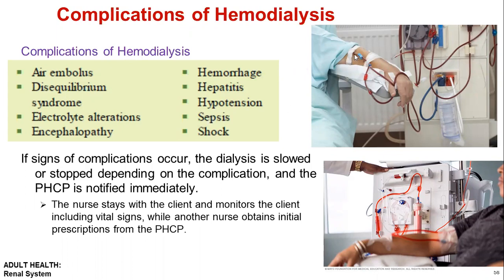Because of opening or handling the fistula, there is a chance of spreading infectious disease like hepatitis. What else? It can also cause air embolism or disequilibrium syndrome, electrolyte alteration, and encephalopathy.